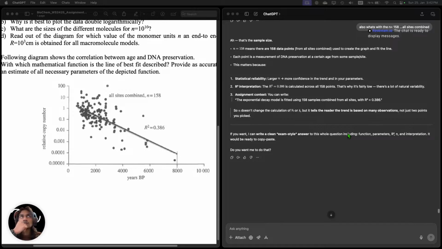R square interpretation, has a sample size. Each point is a measurement of DNA preservation at a certain age from your sample size. This matters because with statistical reliability, larger sample gives more confidence in the trend and in your parameters. R square interpretation, the R square equals 0. That's why it's fairly low. There's a lot of natural variability.